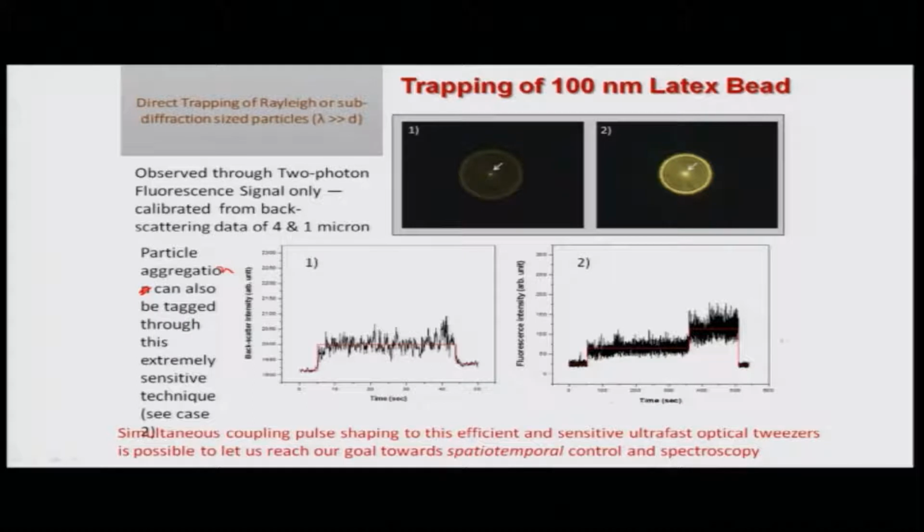And so, here is the case where we can see a second particle coming into the trapping zone, seeing a two particle trap. Simultaneous coupling pulse shows that this efficient and sensitive ultrafast optical tweezers is possible to let us reach our goal towards spatial temporal control and spectroscopy. So, that is one of the interesting parts of having a trap which can enable the motion of particles.